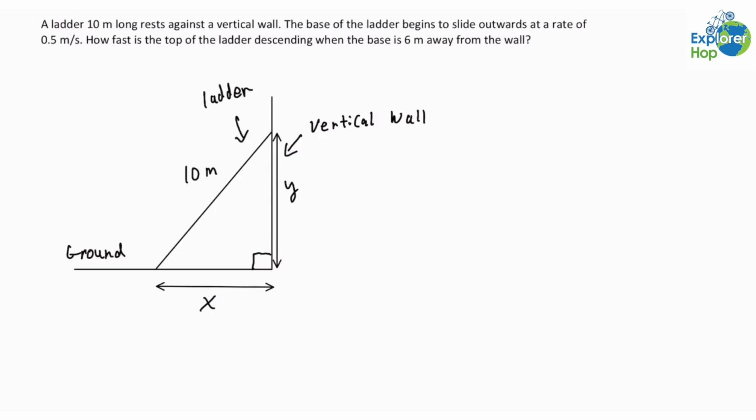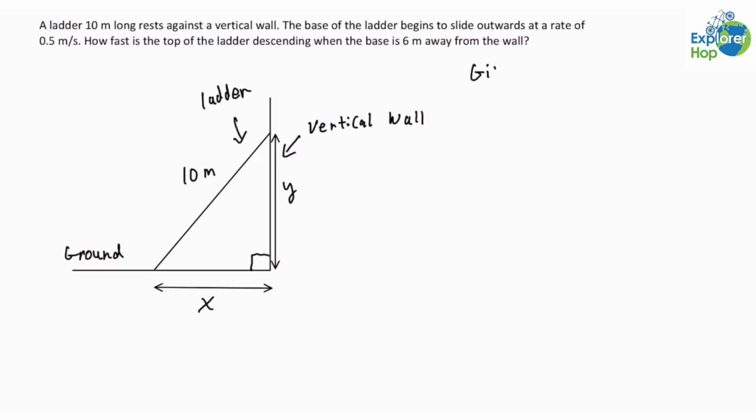Now let's write the givens. Since the base of the ladder is sliding outwards at a rate of 0.5 meters per second, this means that the derivative of x with respect to time, dx over dt, is equal to 0.5.